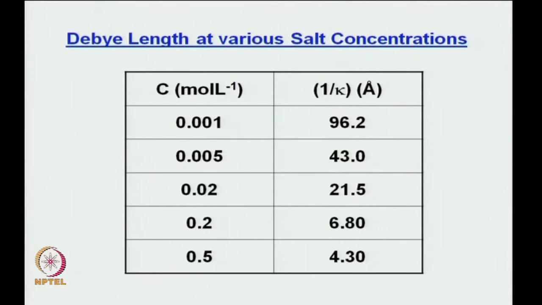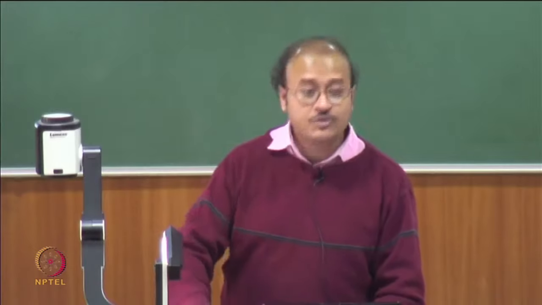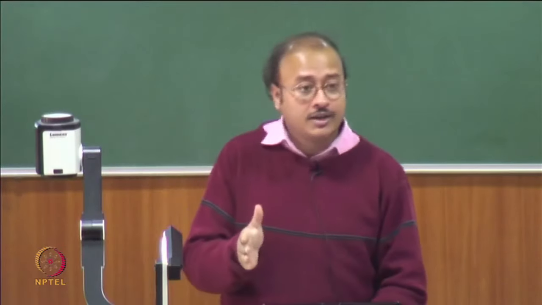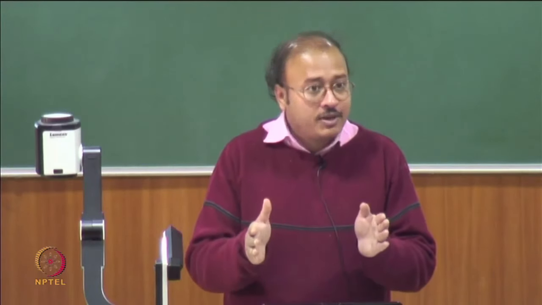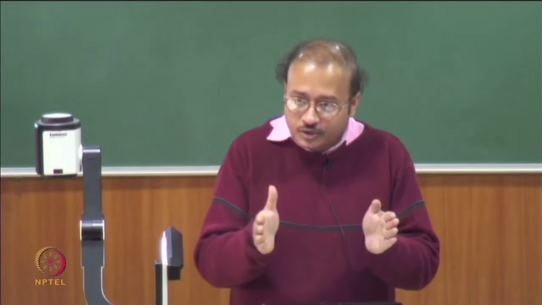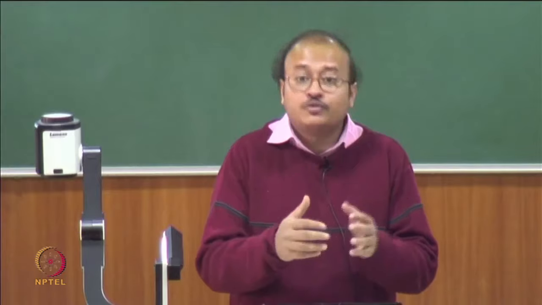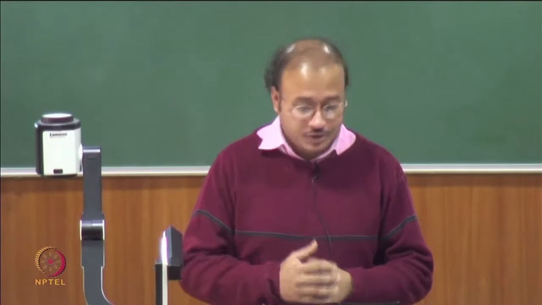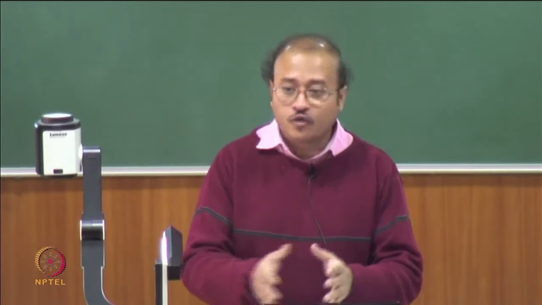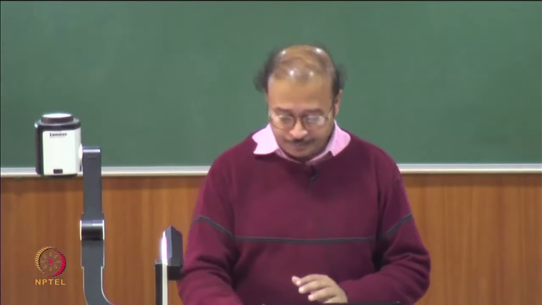Exactly, that means your concentration is increasing. If your concentration is increasing, between this ion and this one you have more and more ions coming in, hence obviously the length is going to come closer, because you have too much shielding, too much screening depending upon the concentration. So, this is a direct fallout of what you just derived. Okay.